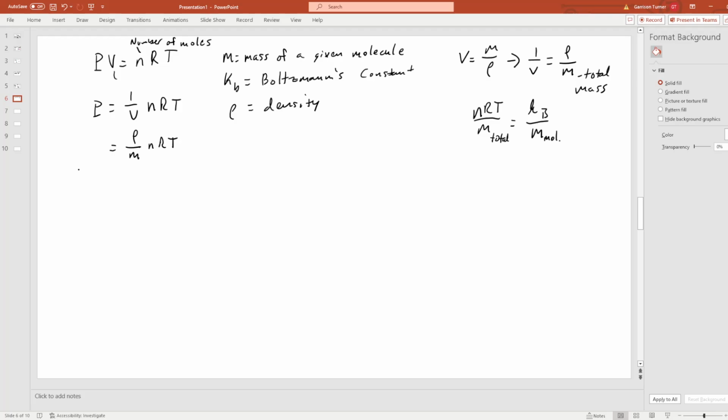Okay, so putting that in, we arrive at this equation: our pressure is equal to rho times Boltzmann's constant times the temperature divided by the molecular mass.